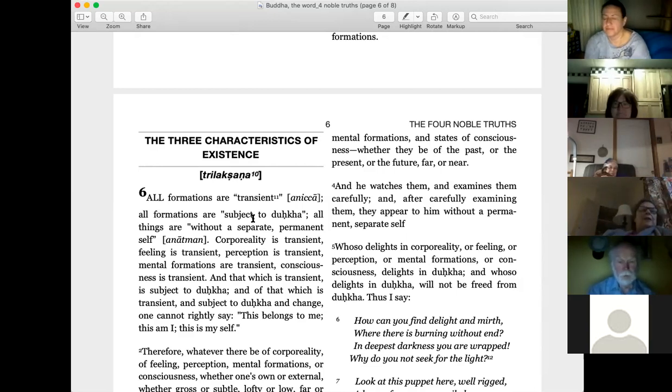Is this what you're reading, what you have written? Yeah. I can't take all of the credit because it's from the Buddha's teachings. I'm using some writing from Paul Carus, who wrote a lot of translations in the mid to late 1800s.